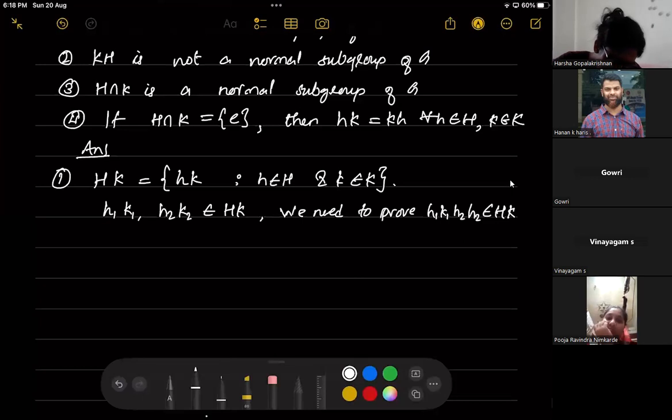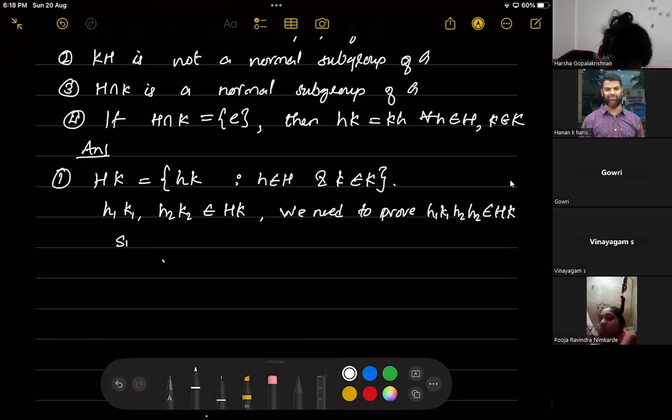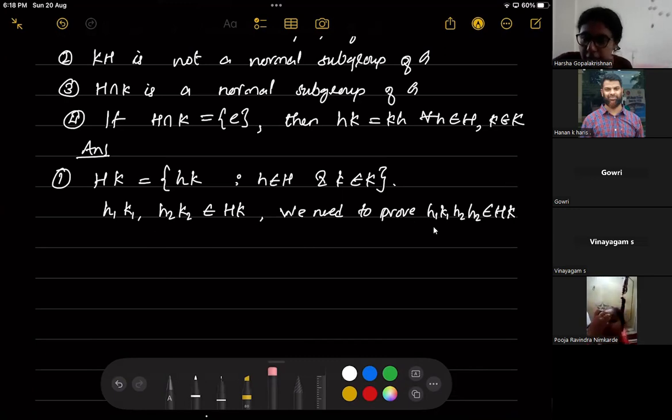Now, since H is a subgroup, okay, before that, what is the element here? h1k1h2k2.